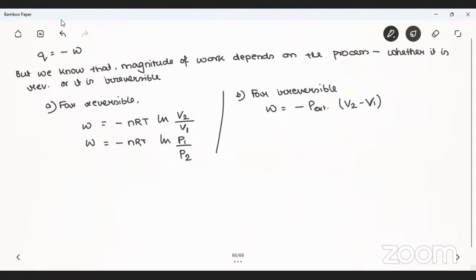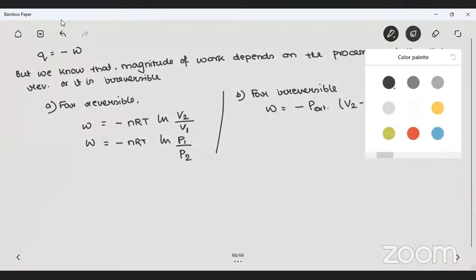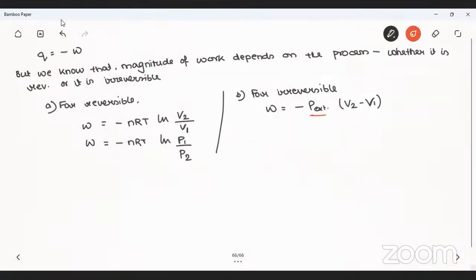So if this external pressure is not given to you in your exam, then find the pressure of the system. The final pressure of the system is considered to be the external pressure. Remember this.